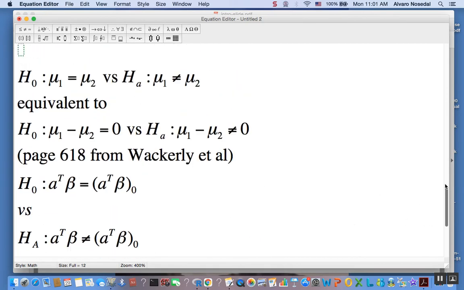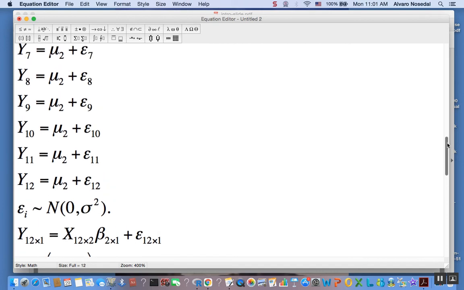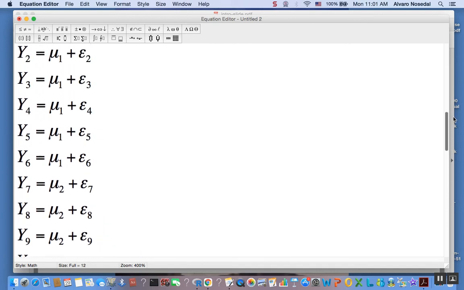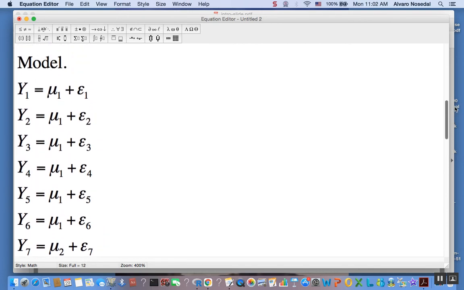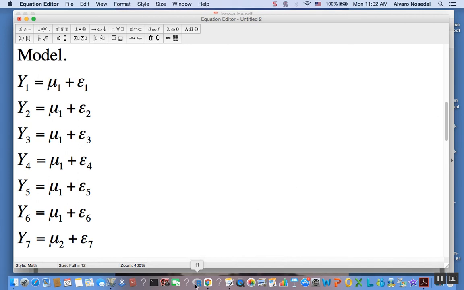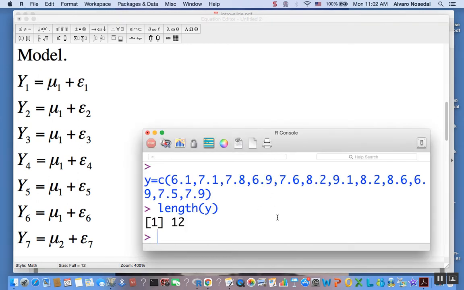From the way that we set up our problem, we can see that the design matrix is going to have 12 rows and 2 columns, and the first column is going to be six 1s and then six 0s.